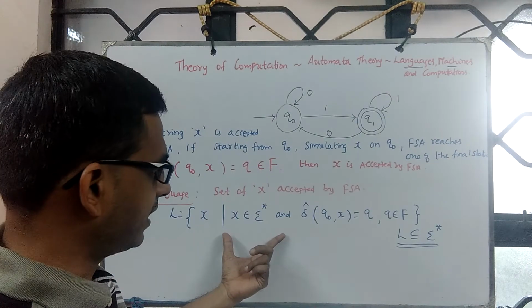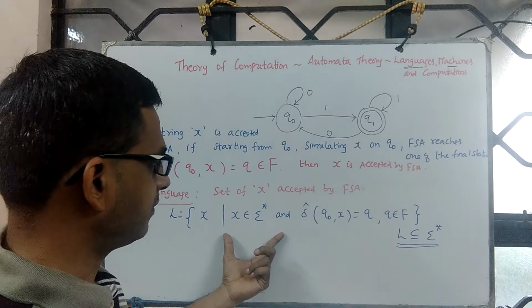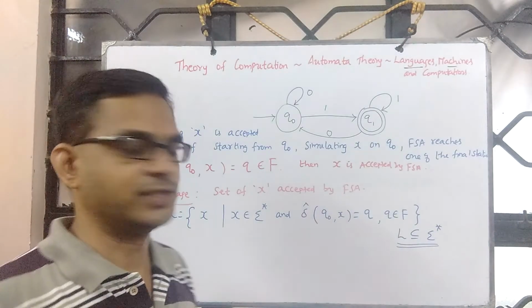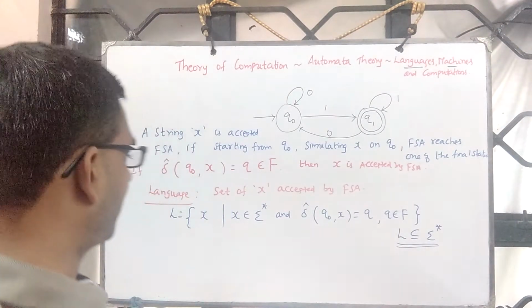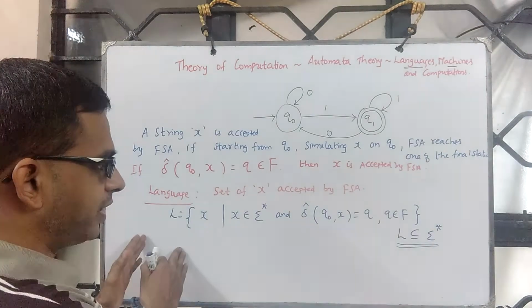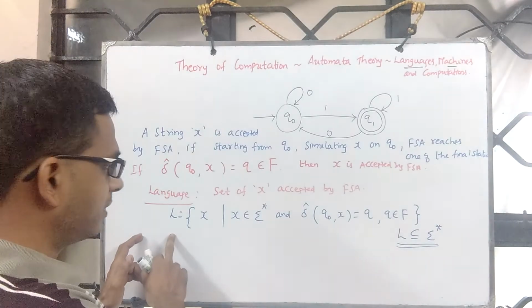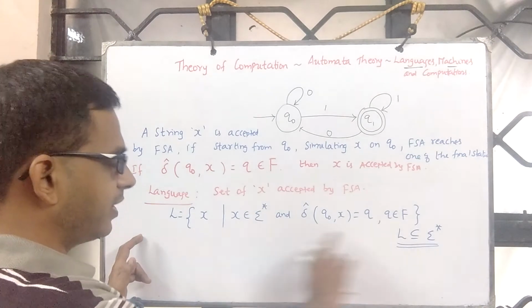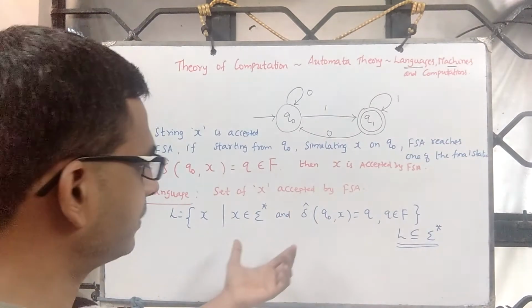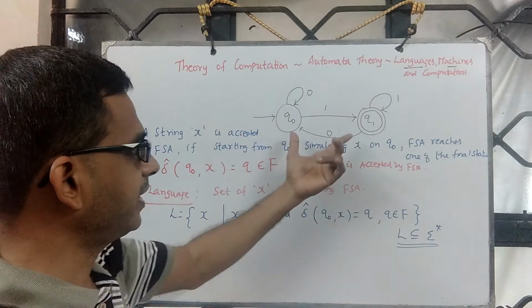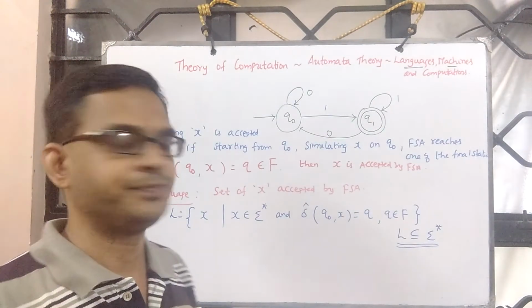The subset that is accepted by the machine, we call it a language. Just like natural language, this is called formal language, and this formal language tells you the strings accepted by this machine.